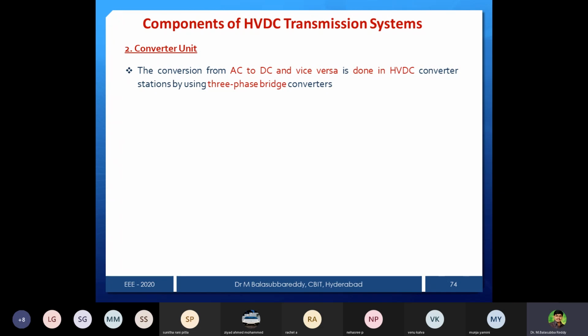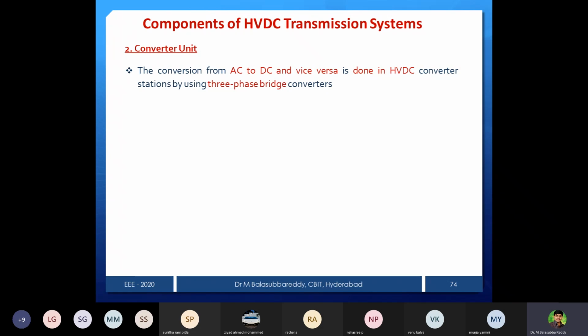In modern trends, the aim is to minimize the losses, improve performance, and increase the power carrying capability of the device by using modern techniques.